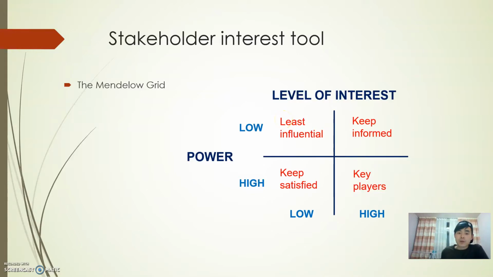So for example, if a company is reliant on one supplier, the supplier has way more power, so it will be high power. But if there are multiple suppliers that can provide the same, then the supplier has low power. So that really depends on the company, guys.